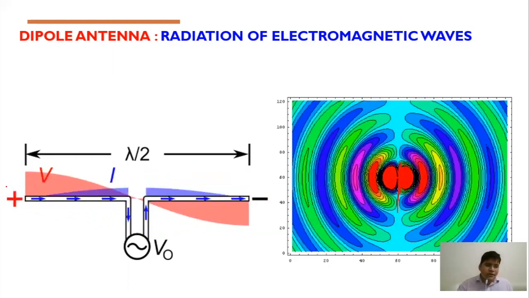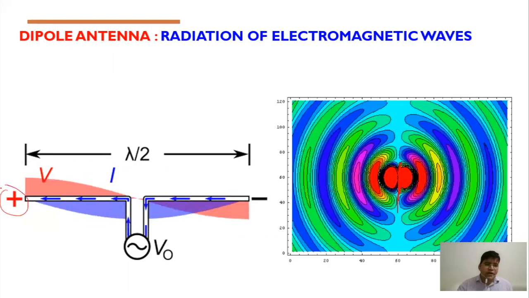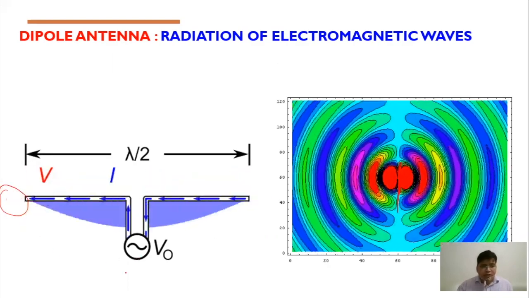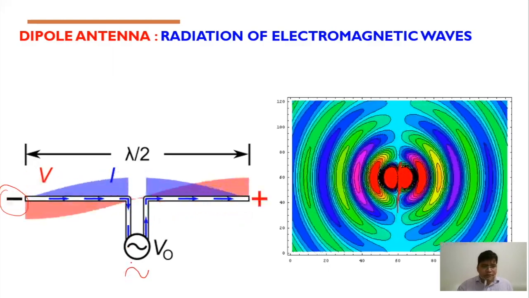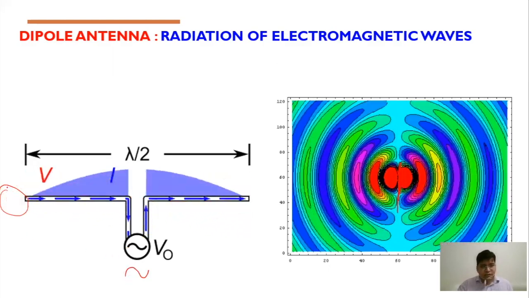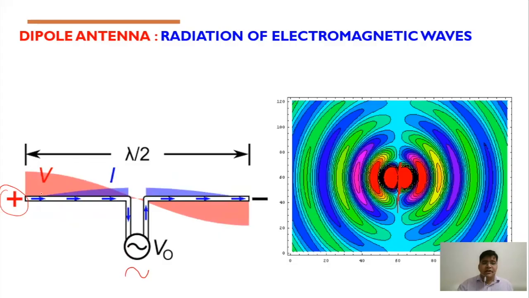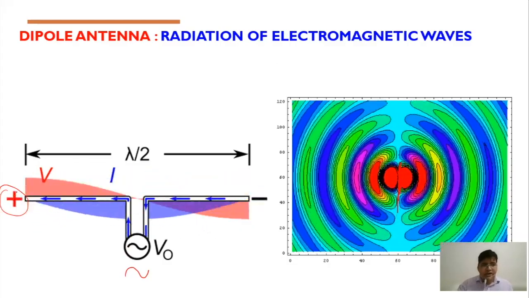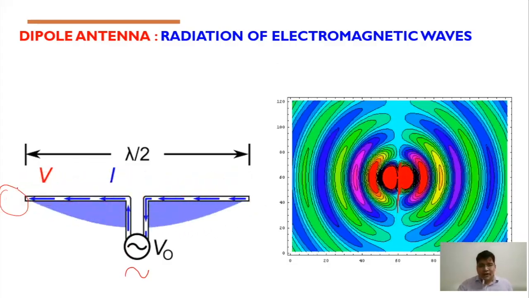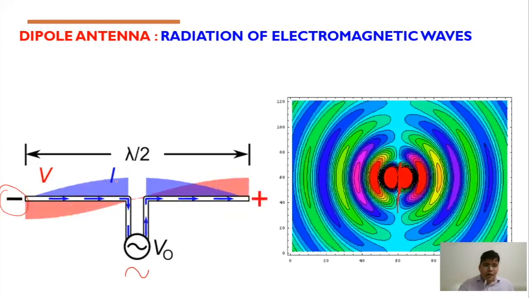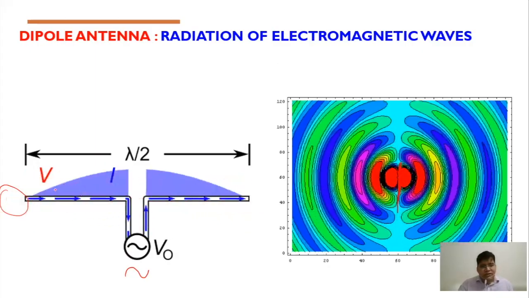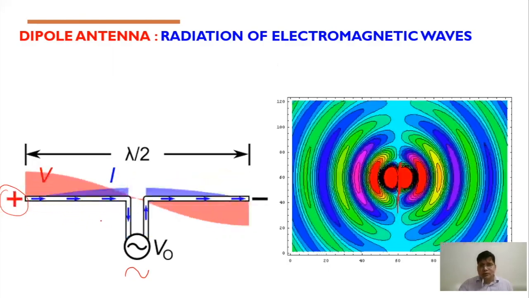You can observe that sometimes positive and sometimes negative occurs because we are feeding this antenna with an AC signal. When the positive cycle is coming, this part becomes positive, and then for the negative half cycle, this part becomes negative. And due to this, the blue part is generated, meaning this field is being generated in both directions.